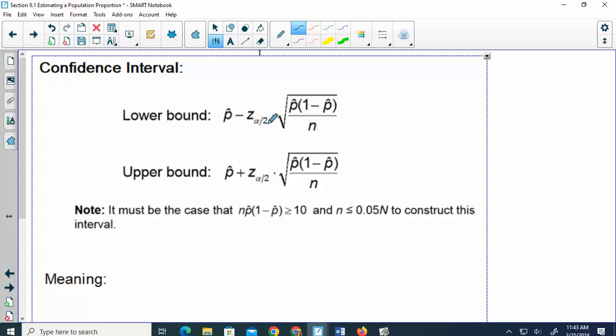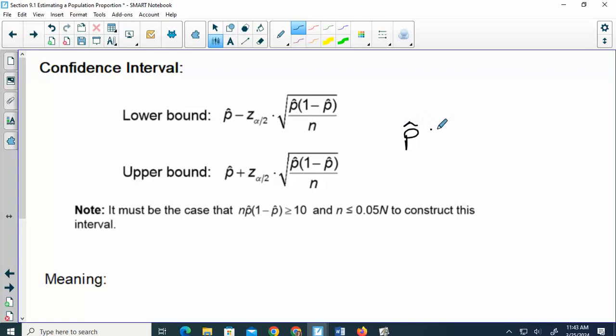If you look on your formula sheet, it doesn't break them apart. It just says it's p-hat plus or minus, and leaves you to realize that the smaller one you'll get by subtracting, the bigger one you get by adding. So that is on our formula sheet. Criteria still have to be true here.